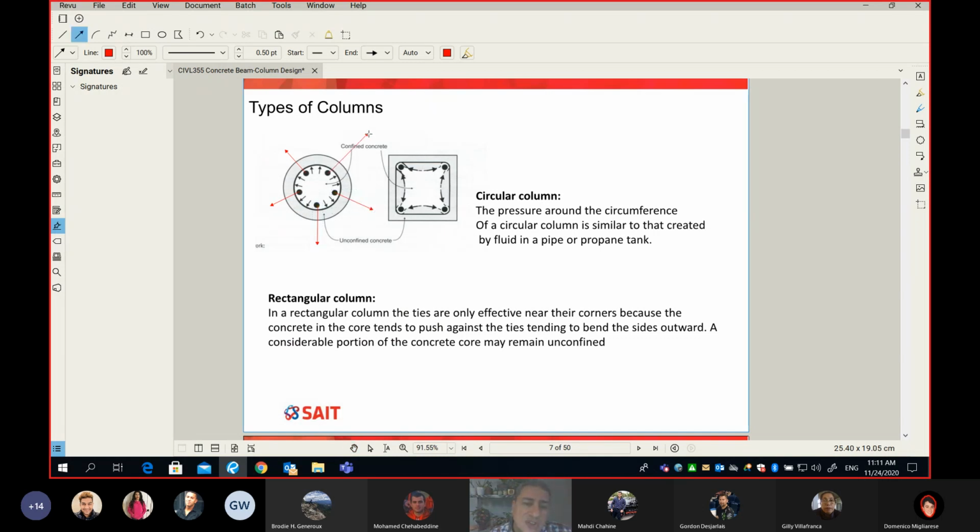Now, let me ask you, if the bar itself is trying to buckle to the outside, what kind of forces will happen to the tie? Not the bar, to the tie. If those are trying to go out to the outside, what happens to the tie? What do you think? Tension, tensile forces.